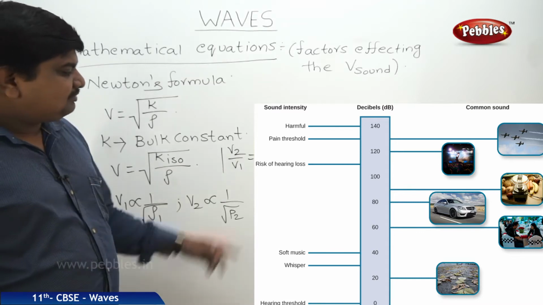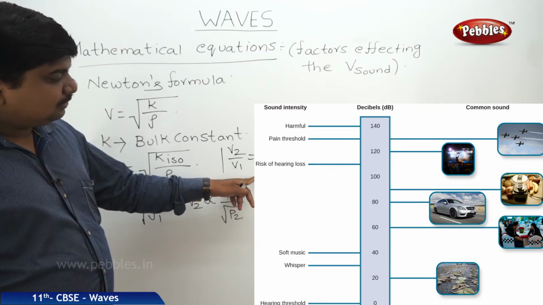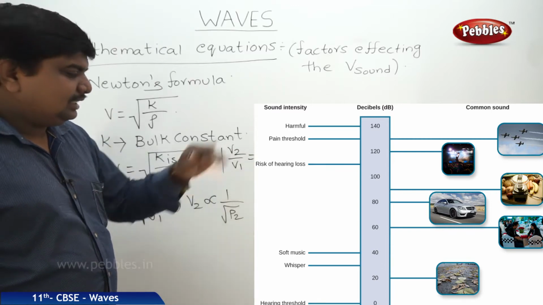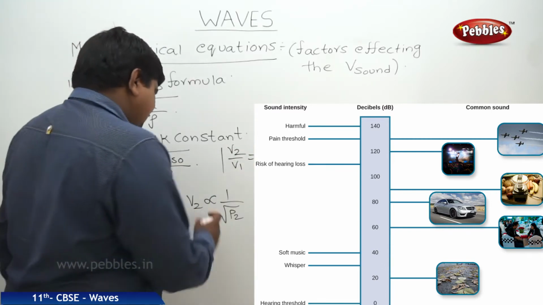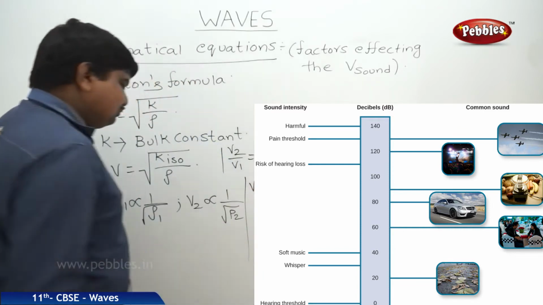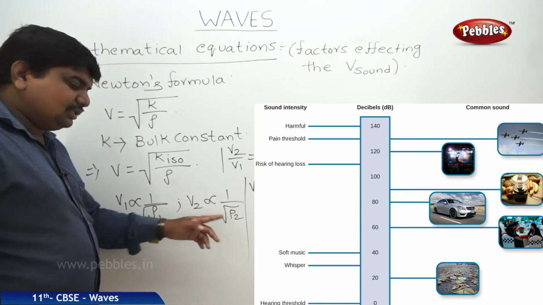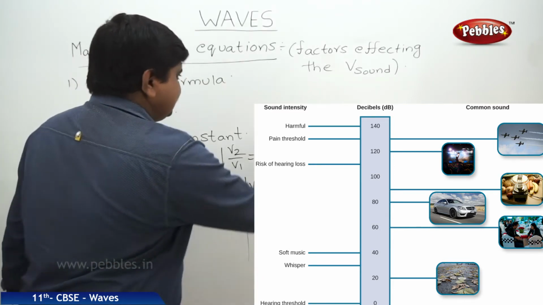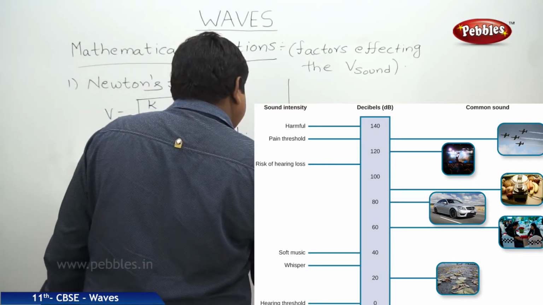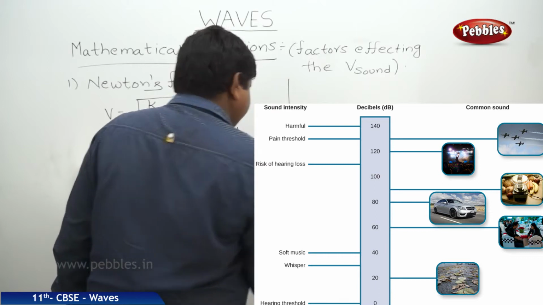So, the speed of sound is directly proportional to the square root of the remaining factors. That means V2 by V1, V2 is 1 by rho 2, V1 is 1 by rho 1, but under the square root of constant. So, this V2 by V1, we will get rho 1 by rho 2 also.